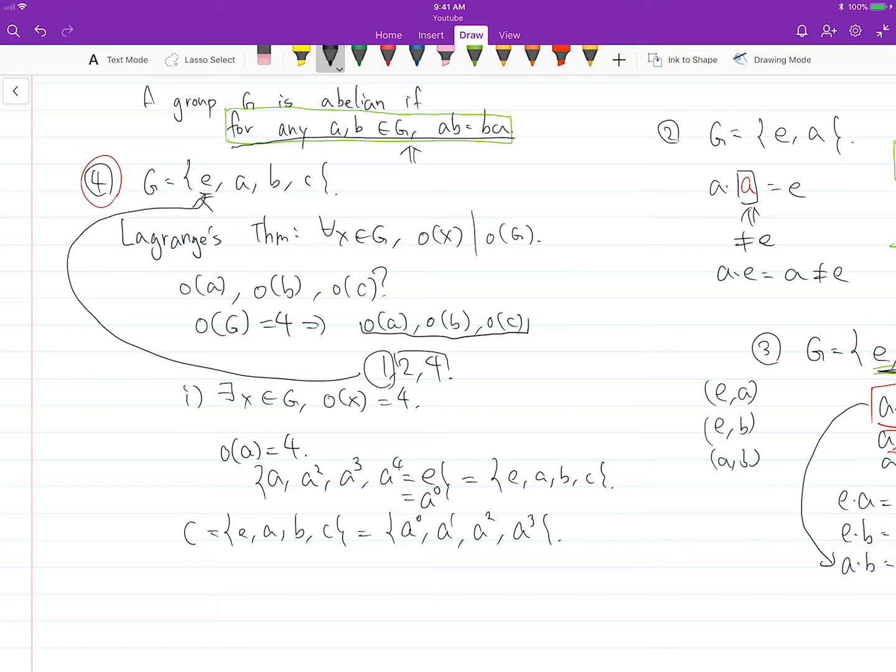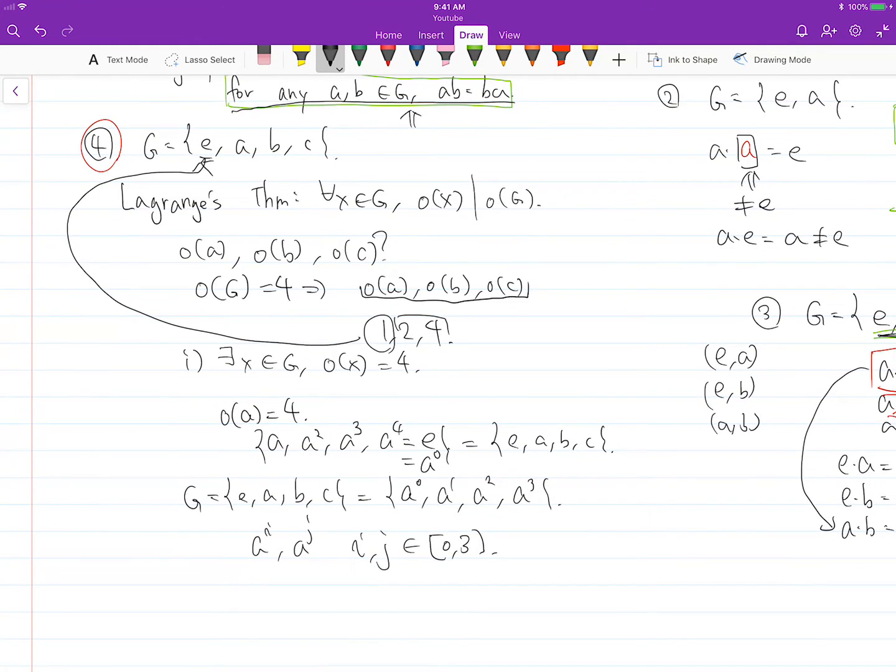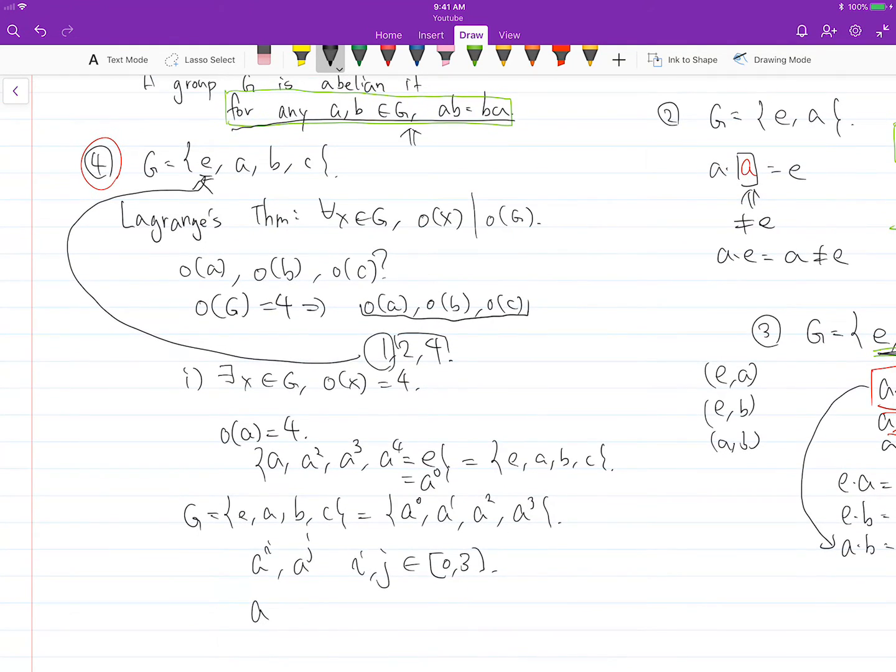And this actually simplifies the proof a lot. We could also call E A to the 0, so we can represent E, A, B, C as A to the 0, A to the 1st, A squared, A cubed. Then if you take any 2 elements from this set, we have A^i and A^j, where i and j are between 0 and 3. What we wanted to show was this AB equals BA for any pair of elements.